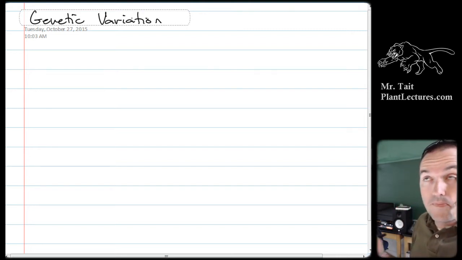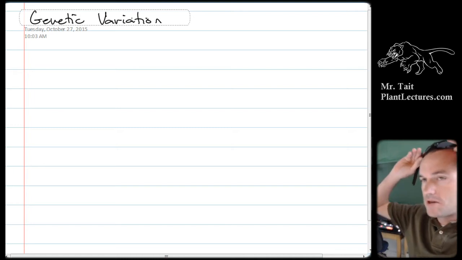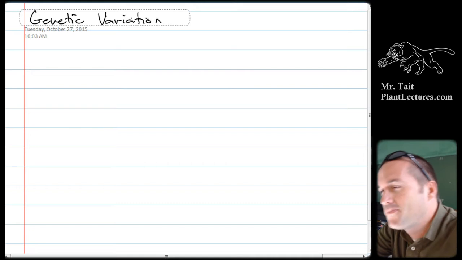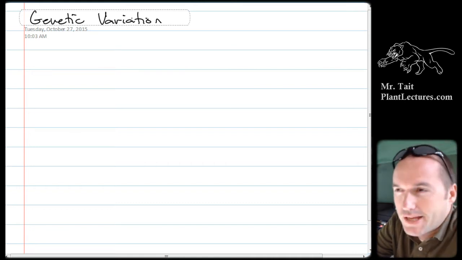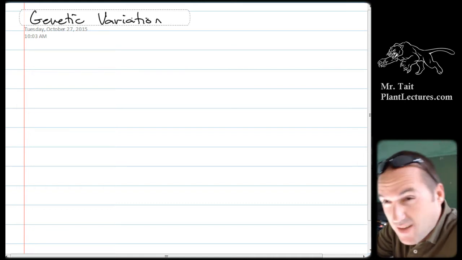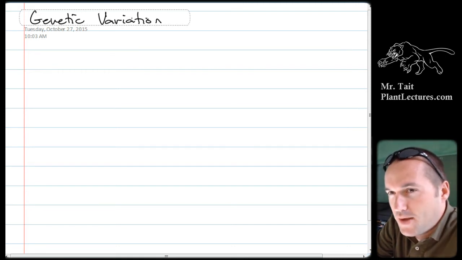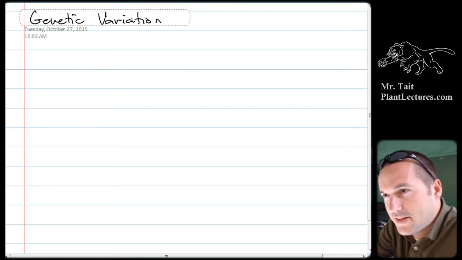So, I think it's interesting to start this out by talking about the odds that, because you guys know if you have a sibling, you might look a little bit like them, right? But I want to know the odds that you and your sibling would be twins, meaning that you have identical DNA. You would obviously not be the same age, right?